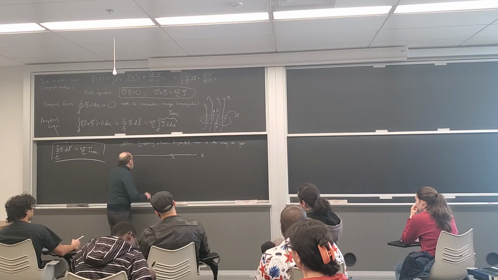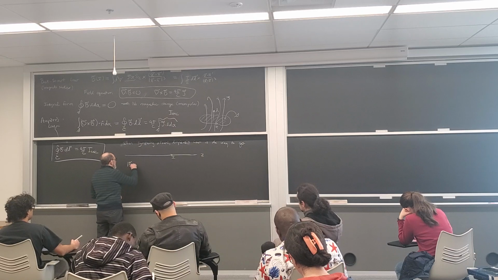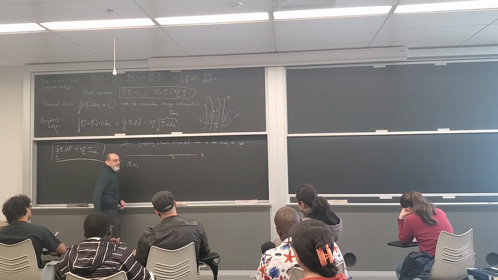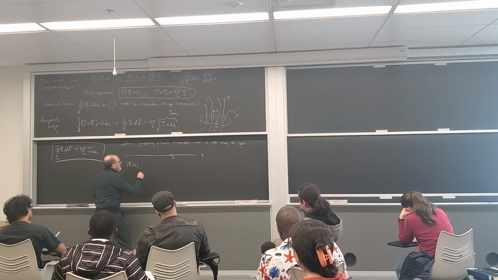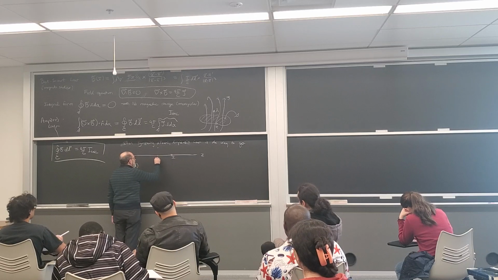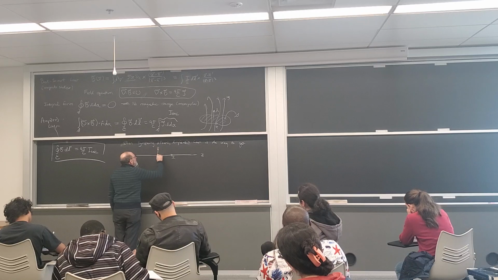Firstly, the magnitude of the magnetic field as a function of position. So I'm somewhere, okay? That's my position. We might as well put the origin somewhere. It's the origin.